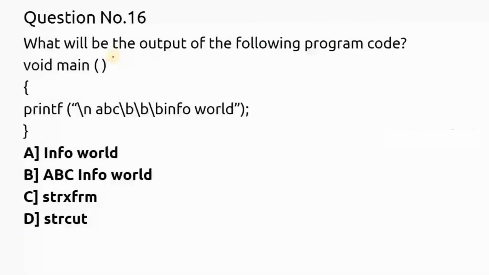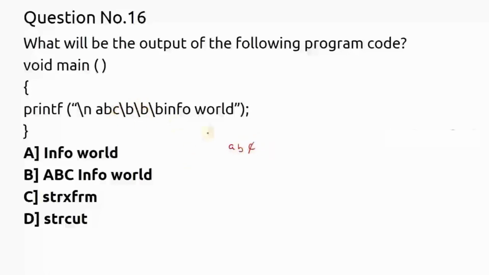Coming to question number 16. What will be the output of the following program code? So here there is only one printf statement where it is printing ABC, but here 3 backslashes are given. Backslash B means backspace. So initially ABC will be taken. One backspace, so it will go back, that means C will be deleted.